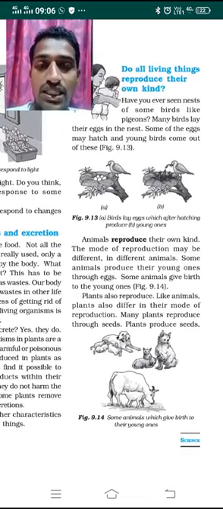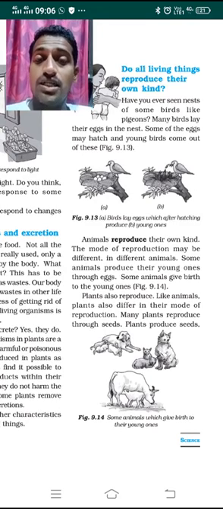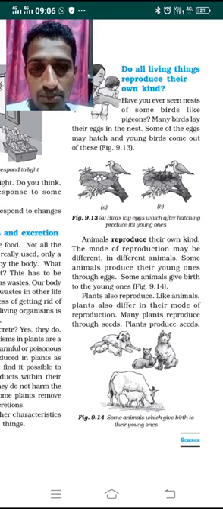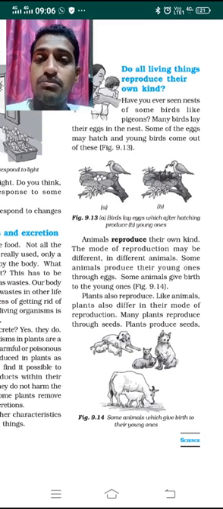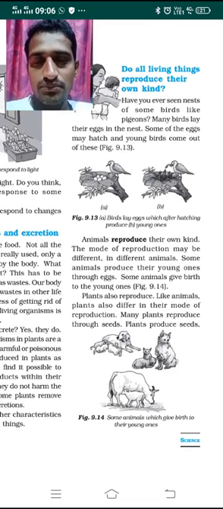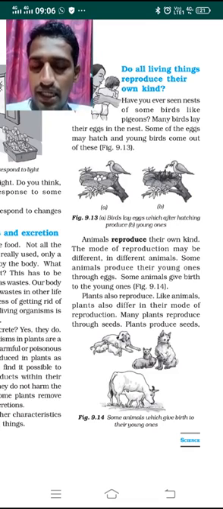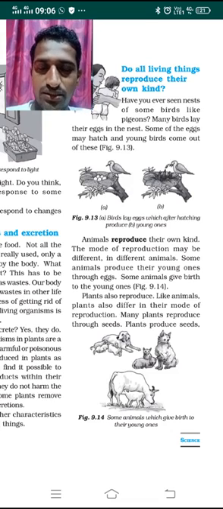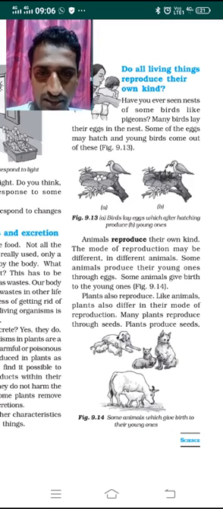In the same manner, animals also reproduce their own kind, but the mode of reproduction may be different in different kinds of animals. Most of the animals give birth to young ones directly, whereas some animals reproduce by laying eggs.